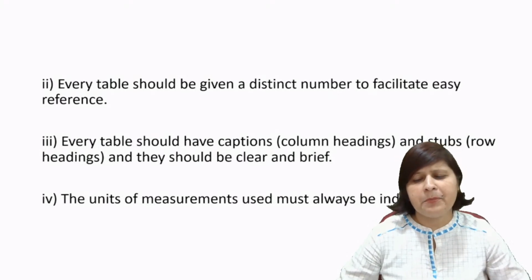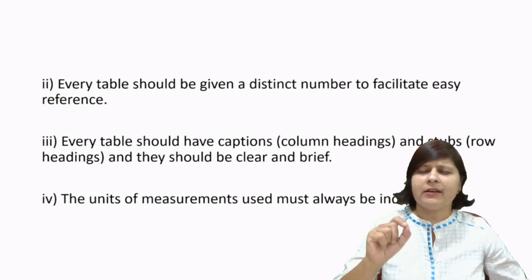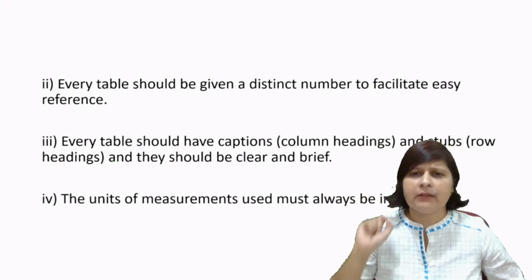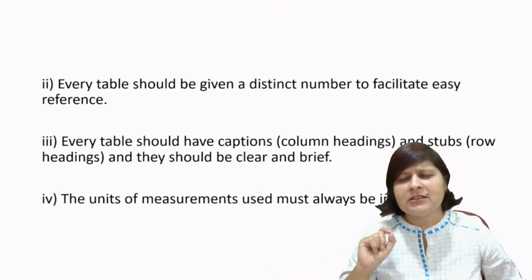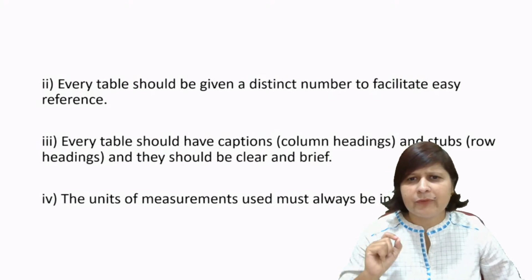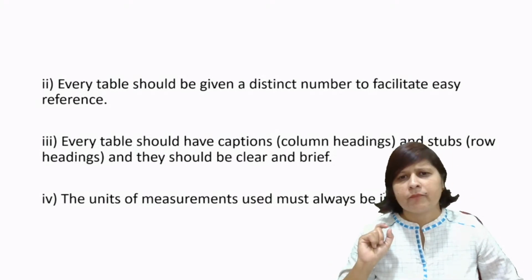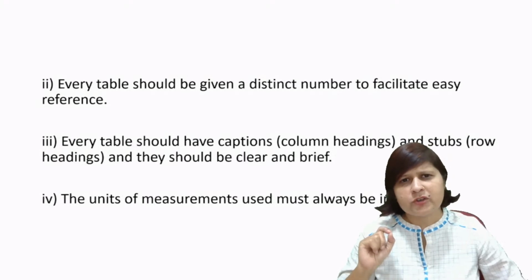The units of measurement used must always be indicated. If there is any unit of measurement, it should be indicated. That is, profit is in thousands or in crores, or population. If you are representing the population of any country or of any city in a tabular form, and if you are comparing something, then the units of measurement should be indicated.